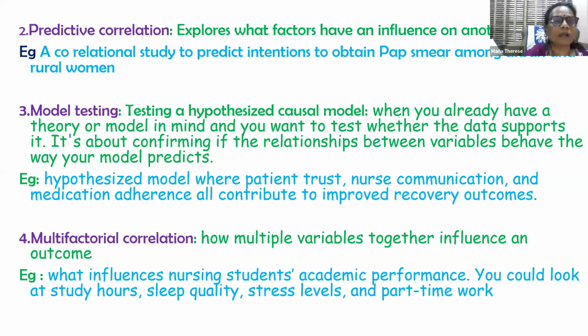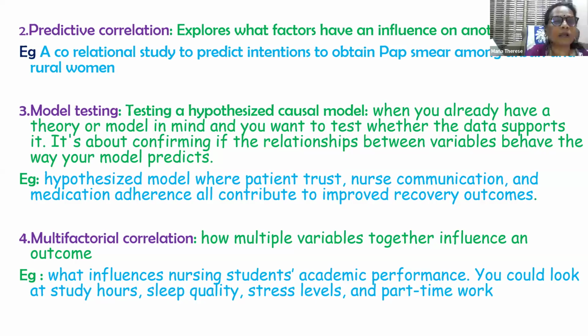And multifactorial correlation: how multiple variables together influence an outcome. For example, what influences nursing students' academic performance? You could look at study hours, which is one factor, and sleep quality, again one of the factors determining academic performance, and stress level, also one factor, and part-time work.